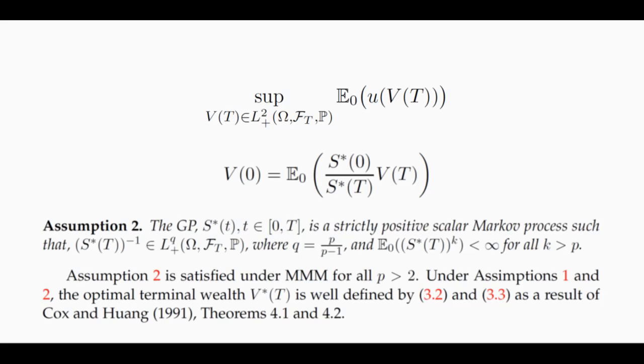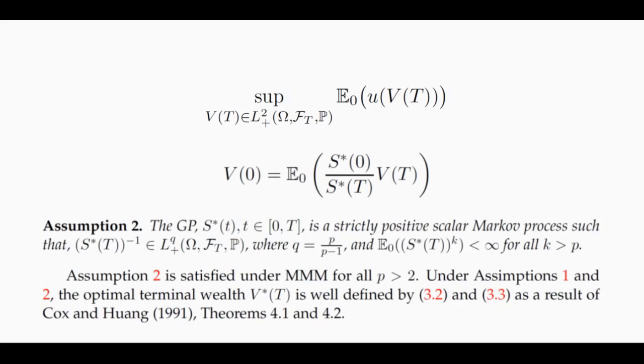The budget constraint is that the initial wealth is given by this expression. So this initial wealth is given, and the terminal wealth random variable is to be designed. And this is a minimal pricing formula, that is a real-world pricing formula.